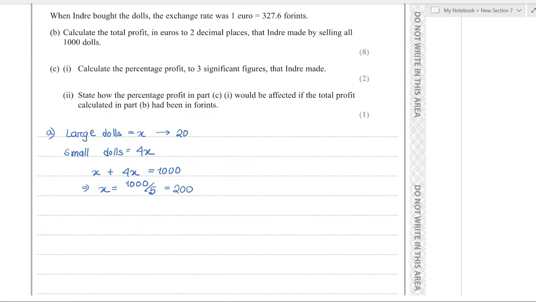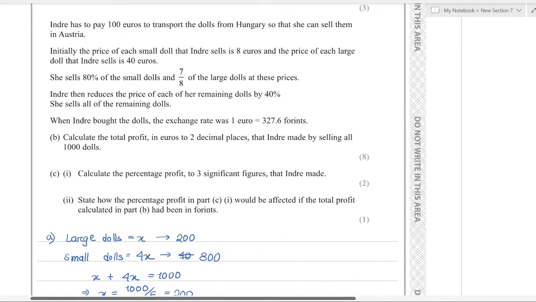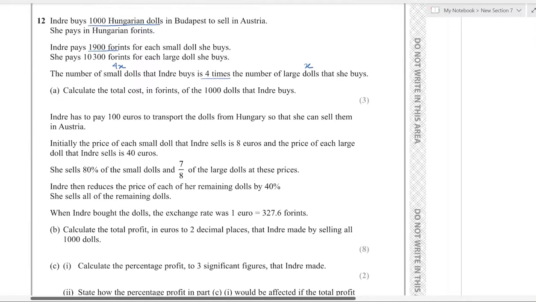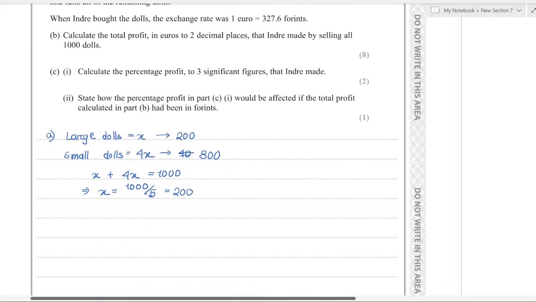So basically it means 200 large dolls and 800 small dolls. And she paid 1,900 forints for each small doll and 10,300 forints for each large doll. And now we calculate the total cost of the 1,000 dolls.